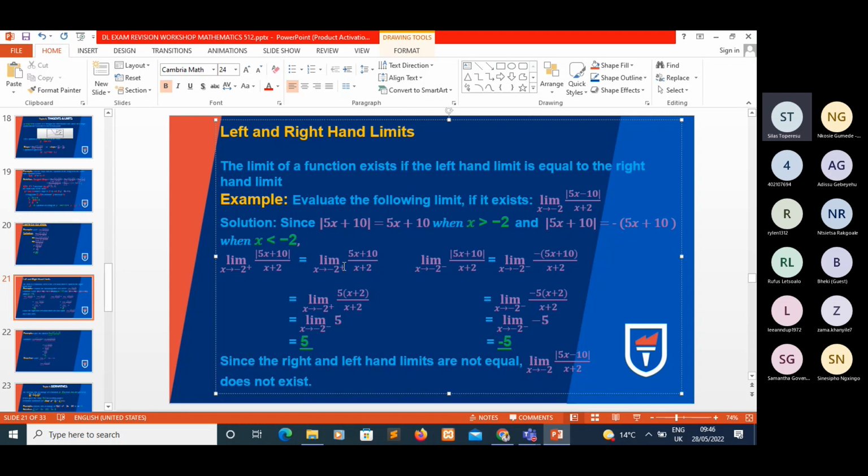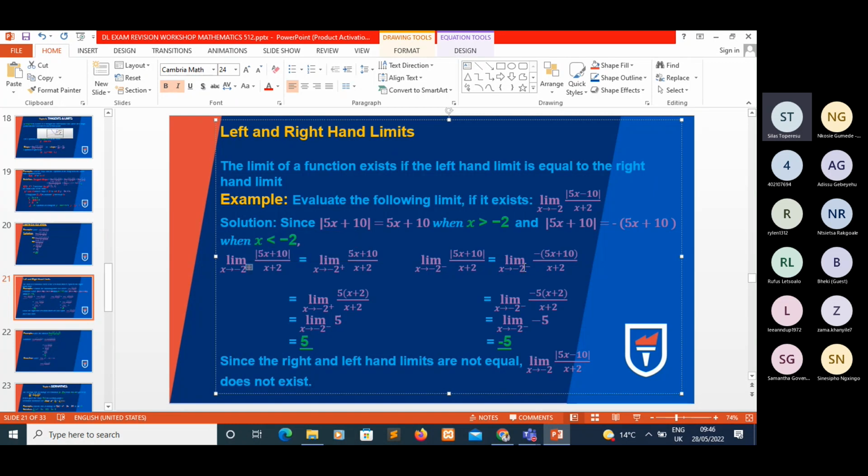So that is the other thing that you have to determine when you find the limit. The limit from the left is indicated by a negative sign in the power, and from the positive side it is represented by a positive power. So this limit is approaching -2 from the positive side. That's what it means.